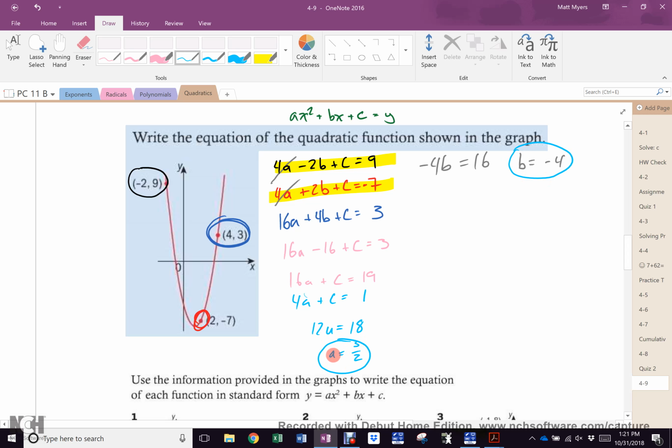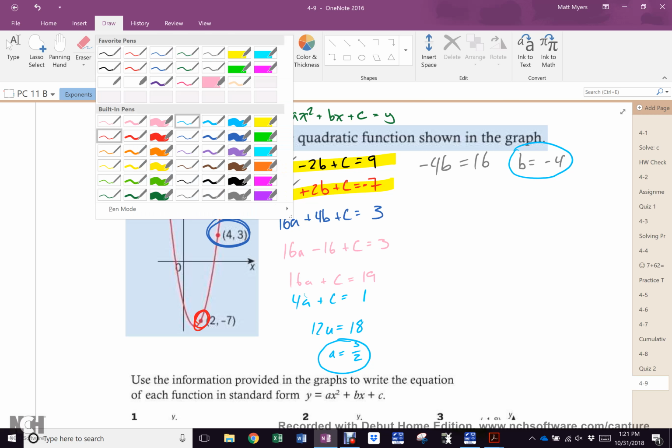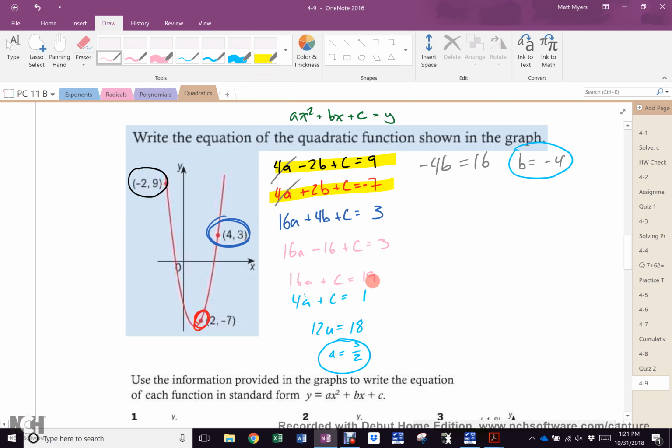So I can put that A where? Everywhere I see an A. Could I put it in this one? Because that's the last one we haven't used. That would be 16 times what? 3 over 2 plus C would equal 19, right?